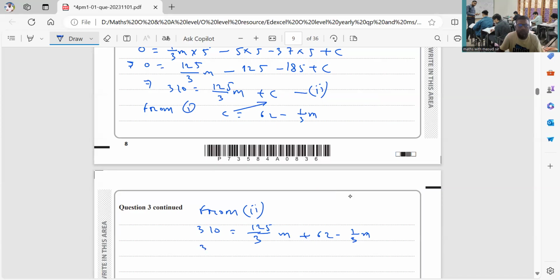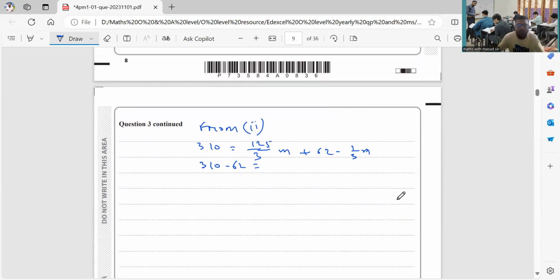So for 310, you have to bring the number to the left side, and on the right side, very important thing here, 125 by 3 minus 1 by 3. In the calculator, 125 by 3 minus 1 by 3. So without LCM, you'll get the answer. That will be 124 by 3, so 124 by 3m, right?